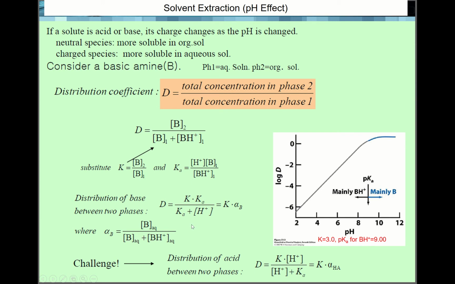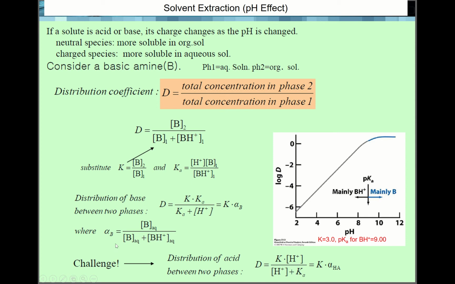At this point the slope changes. Below pKa, the main species is BH+, but above pKa the main species is B. This is simple acid-base chemistry.